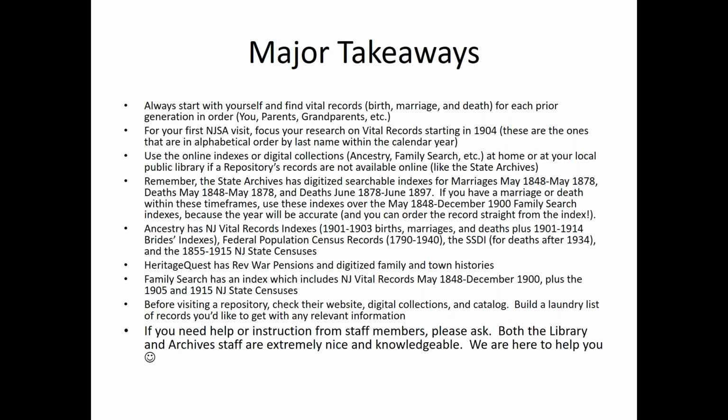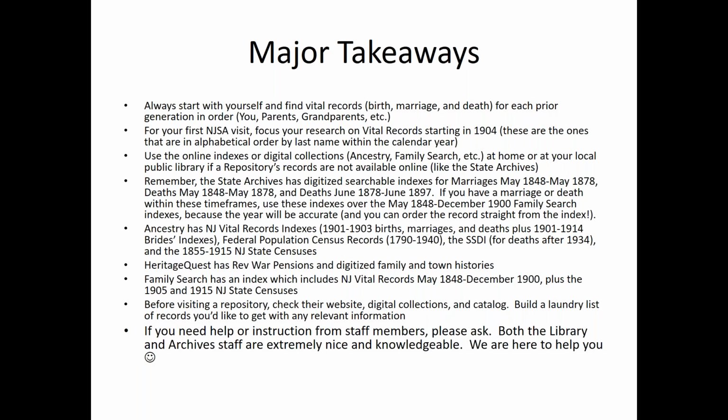If you have a marriage or death within these time frames, make sure you're using these indexes over the indexes that are available at Family Search, because the indexes that are on the archives website, the year will be accurate and you can order the record straight from the index.